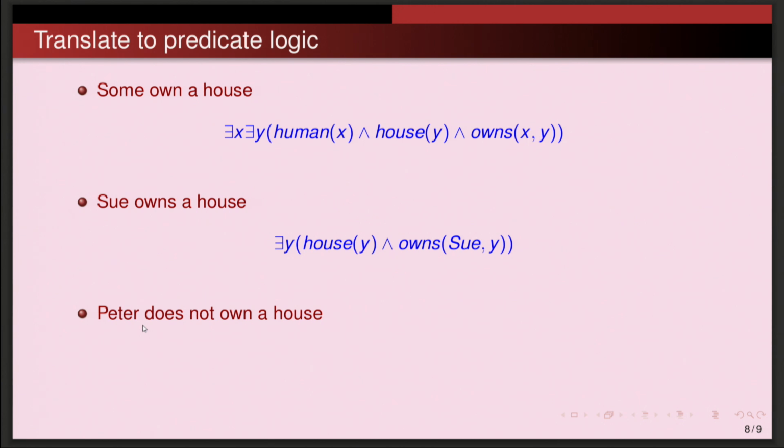So, Peter is a constant, house is a predicate, and a house represents the quantifier there exists.